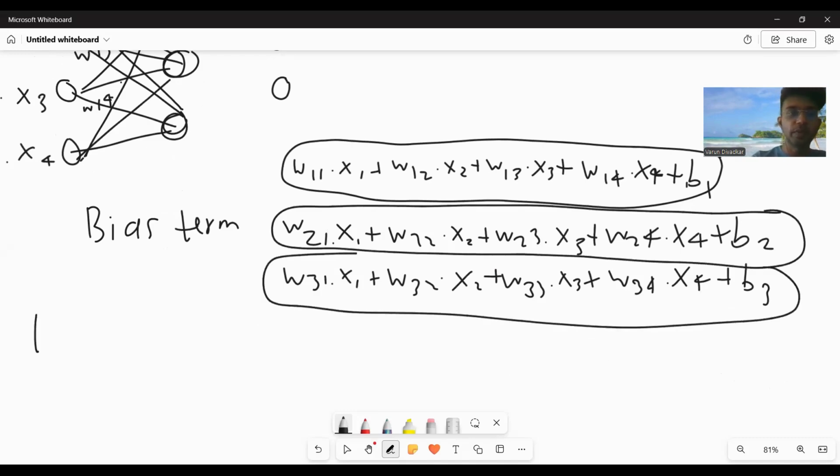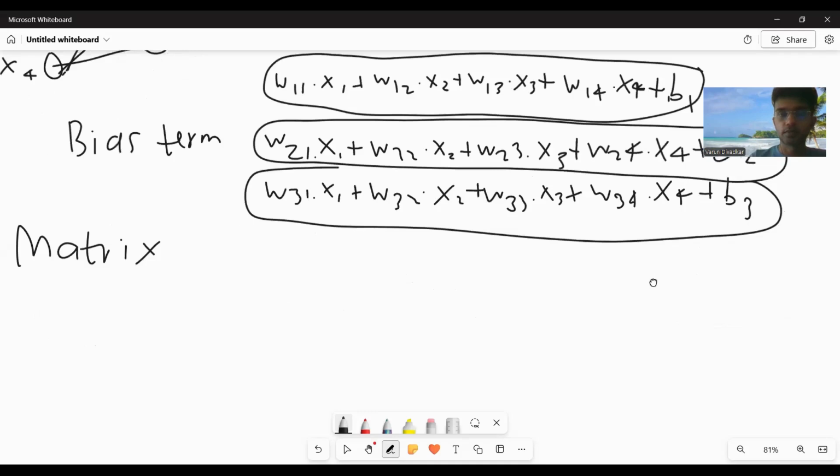So if you try to write this in matrix format, how does this work?